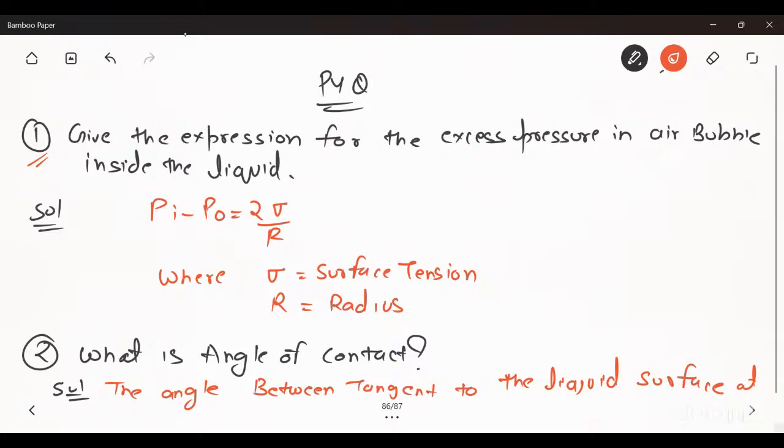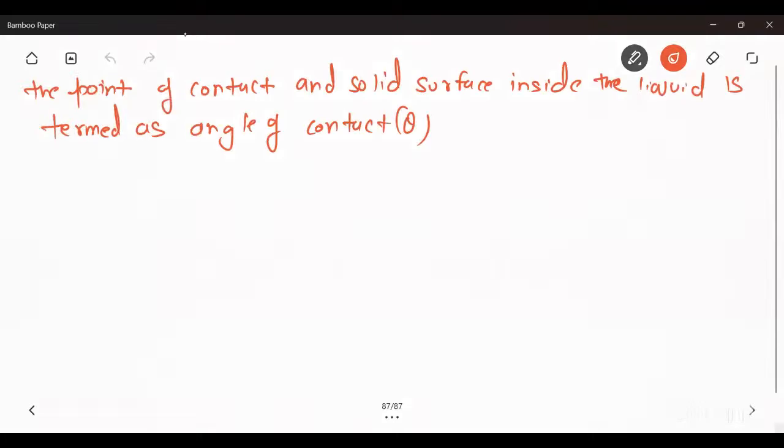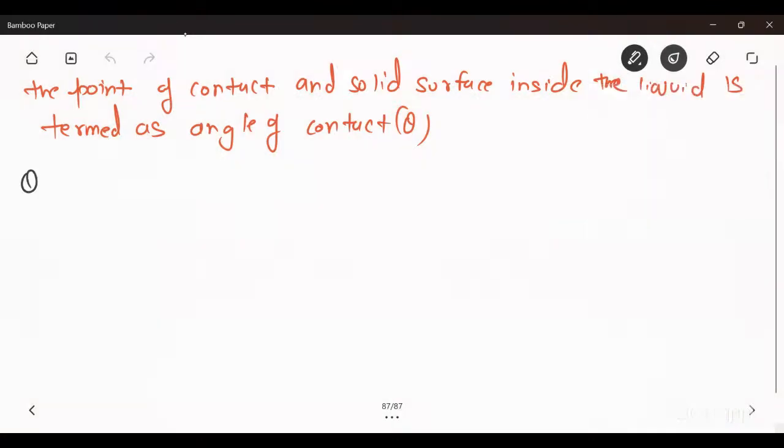Now next question is give the expression. This chapter only contains short answer type questions and very short answer type questions. There is no long answer type question from that chapter. Okay. Now the next is give the expression.